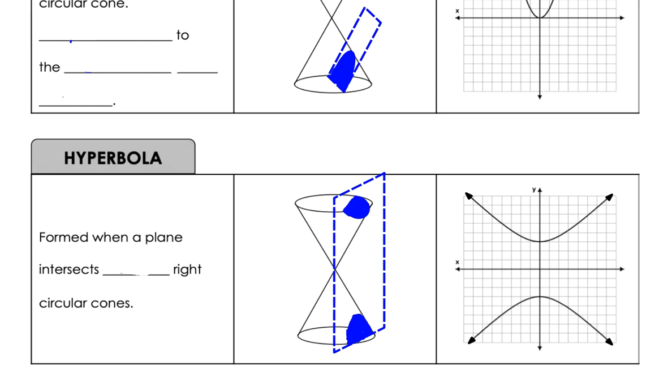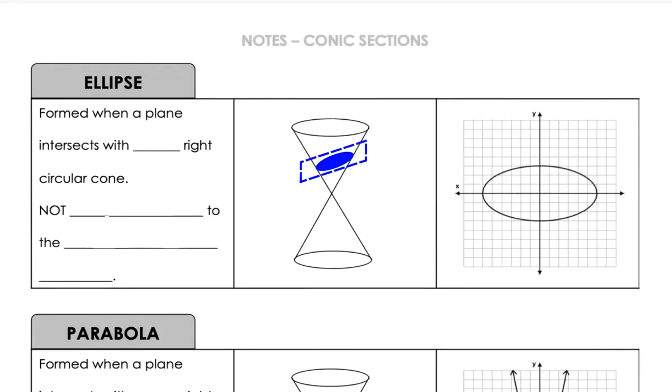The next conic section that we're going to look at is an ellipse. An ellipse is formed when, again, a plane intersects with one of the right circular cones. You can see that in the picture. We're still just intersecting one of them at a time. But this time, it's not going to be parallel to the generating line.